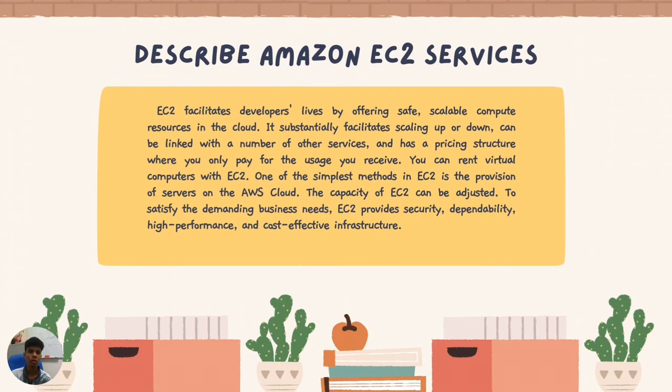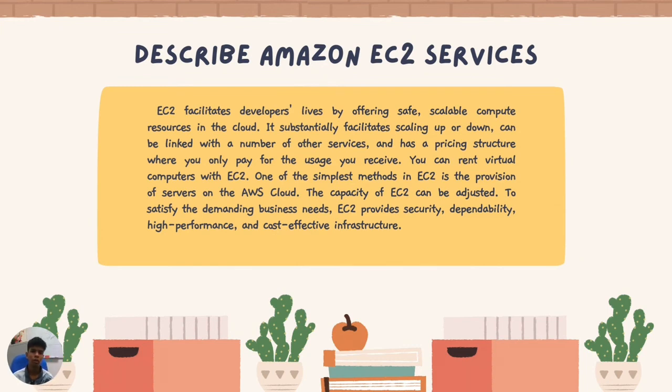Describe Amazon EC2 services. EC2 facilitates developers' lives by offering safe, scalable compute resources in the cloud. It substantially facilitates scaling up or down, can be linked with a number of other services, and has a pricing structure where you only pay for the usage you receive.